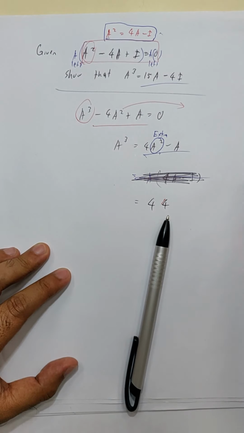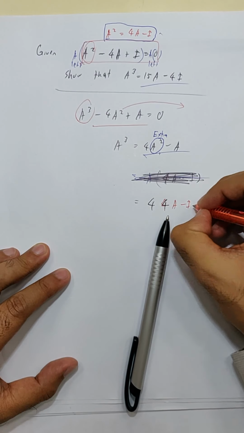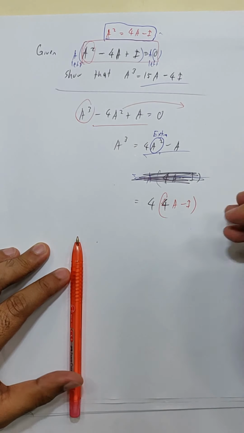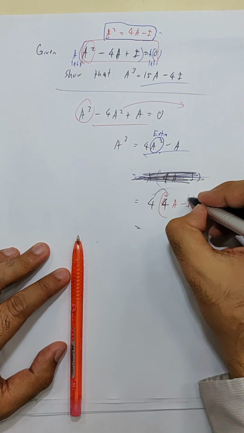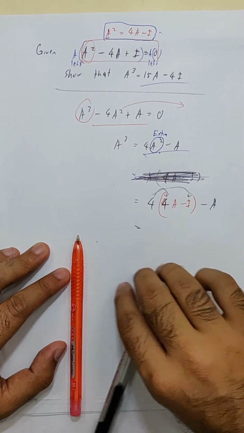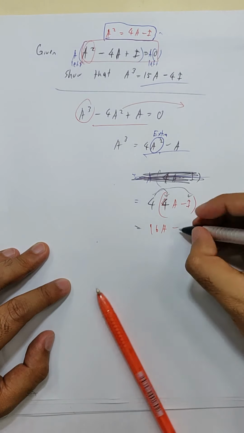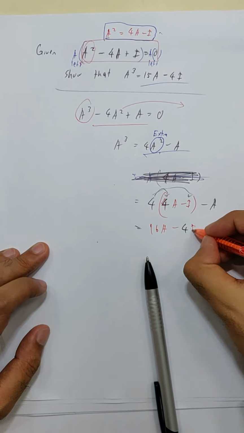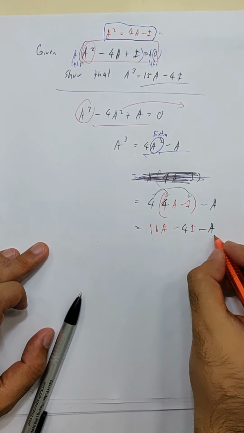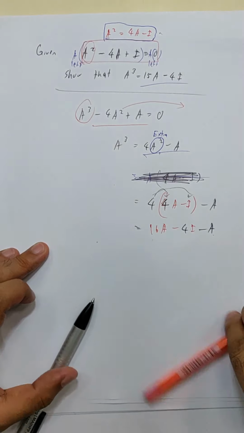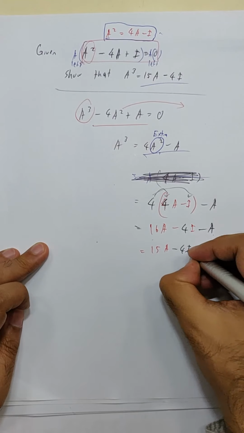Maybe it is a different color. 4A minus I minus A. Try and expand this one. 16A minus 4I minus A. 16A minus A? 15A minus 4I.